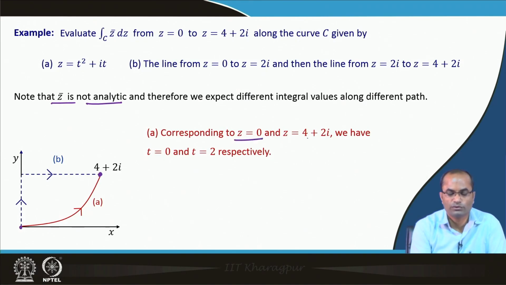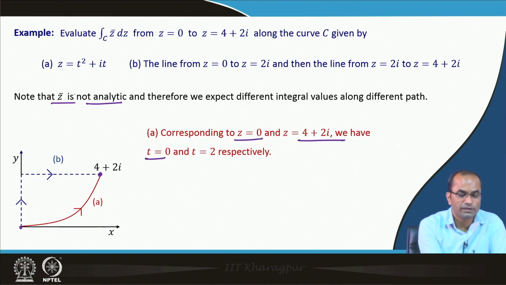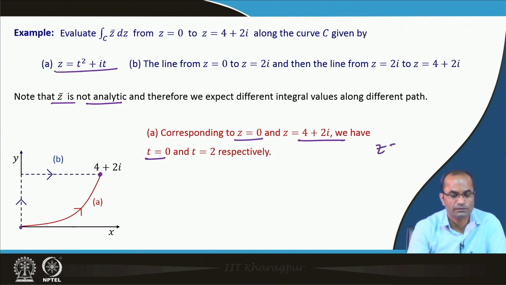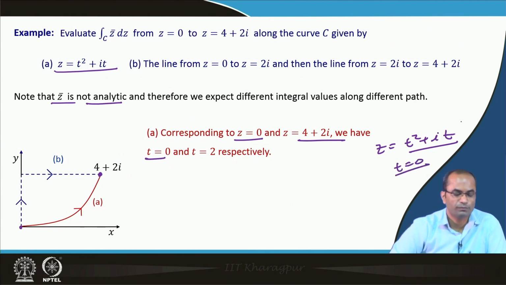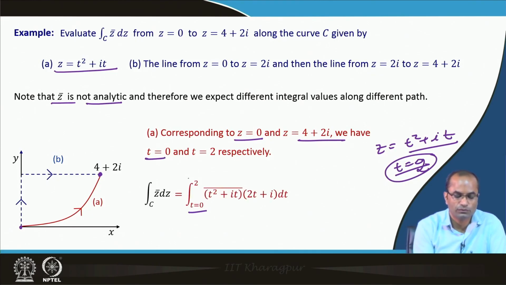First, z from 0 to 4 + 2i, corresponding to these two points. If we look at the parametric equation, z is equal to t² + it. So at t = 0 we are at 0, and at t = 2 we have 4 + 2i, the end point. In terms of t, we are varying from 0 to 2. So this line integral goes from 0 to 2, and we substitute the parameterized form, t² + it, and its derivative.